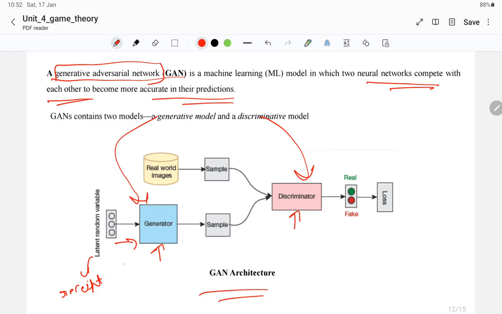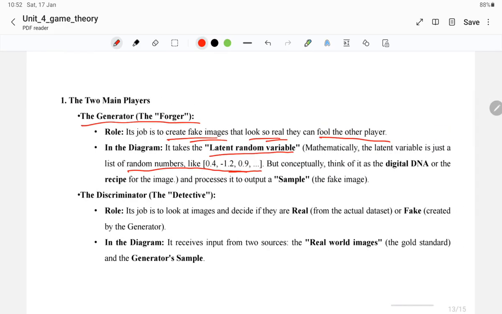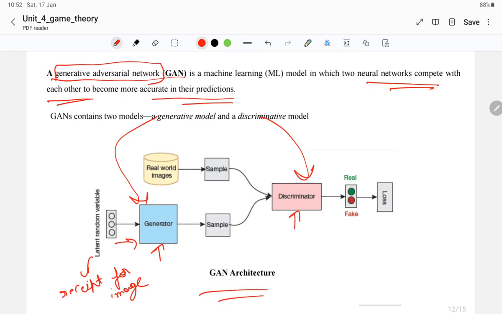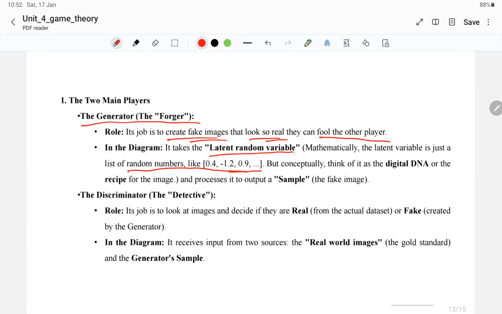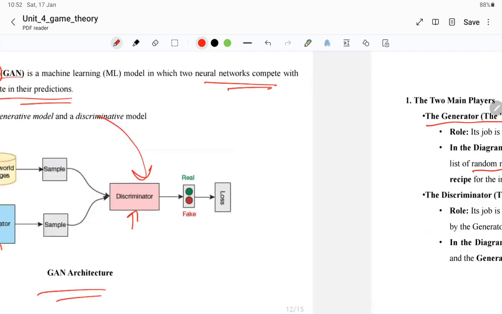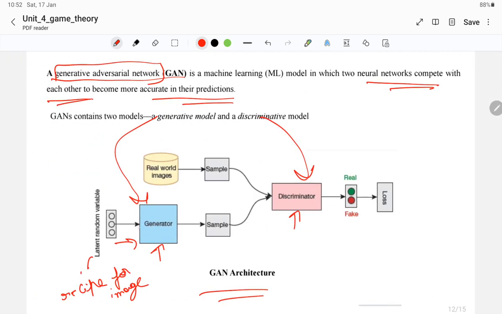This latent random variable is provided as input so that the image can be generated by the generator. The generator processes it and outputs a sample, which is a fake image.